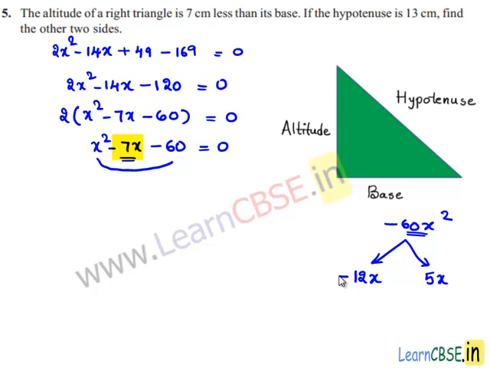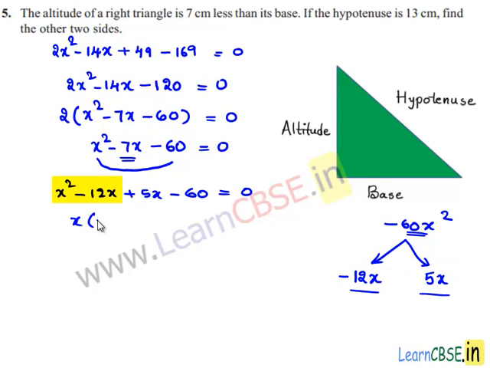If I put a minus sign here, now the product becomes −60x², and the sum −12x + 5x is −7x. So −12x and +5x satisfy both the conditions. So −7x can be replaced by −12x + 5x, and here we have −60. This is equal to 0.